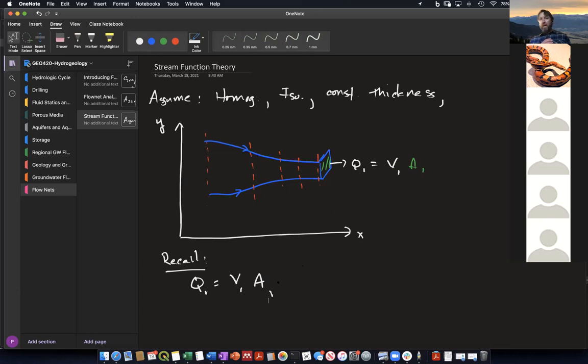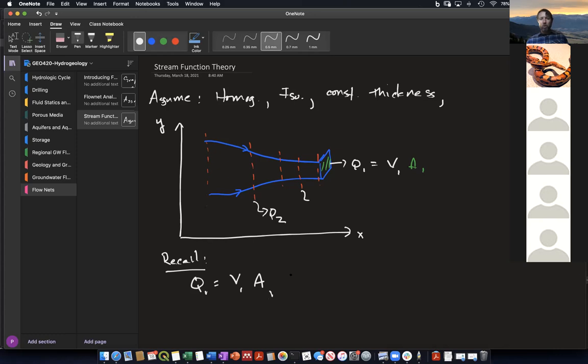And we also know that our discharge in this stream tube is equal at any point in the stream tube. So maybe the discharge here at this point is Q2.